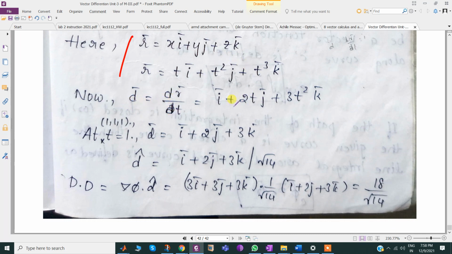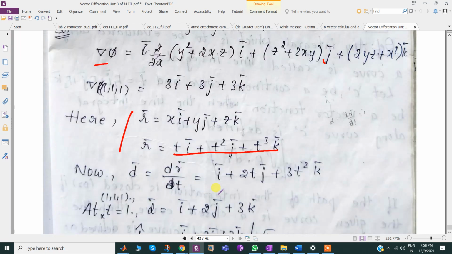So differentiating this with respect to t: d by dt of t equals 1 into i bar plus d by dt of t square, that is 2 times t, then d by dt of t cube, that is 3 times t square, and simplification.